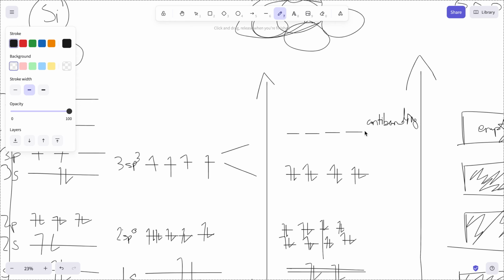It's antibonding because it's a higher energy state, so it is not conducive towards bonding, whereas here this is the bonding orbital because when electrons lie in this space, the bonding is actually reducing the energy level rather than increasing it.